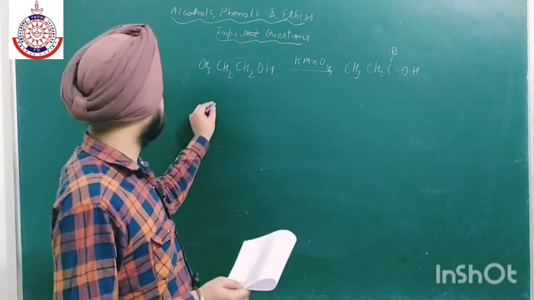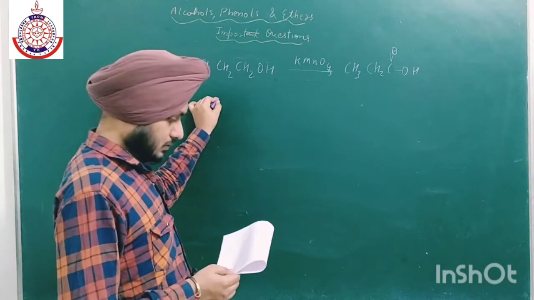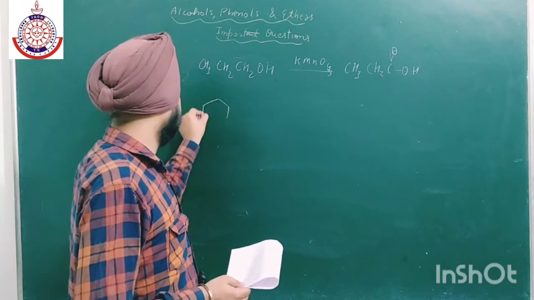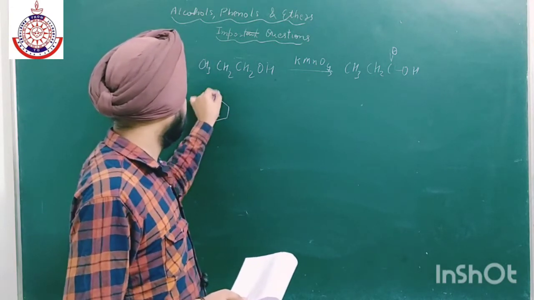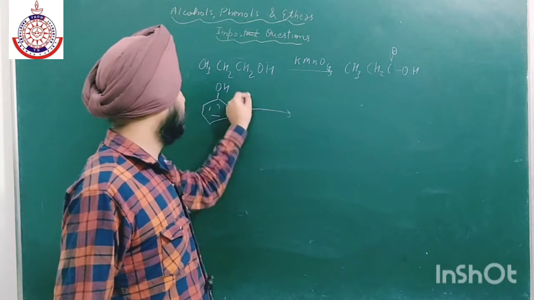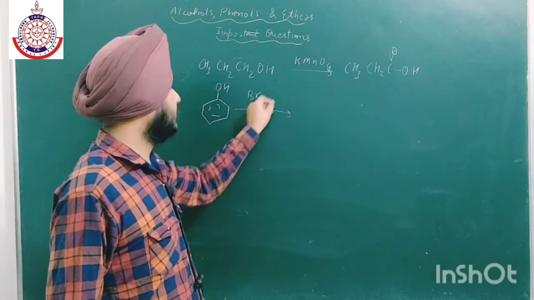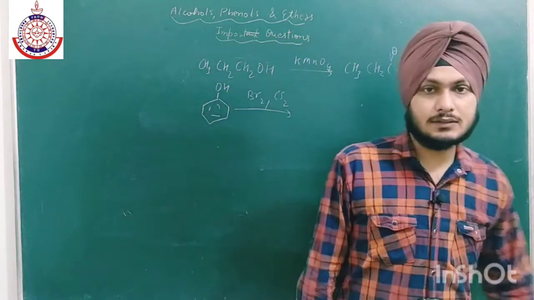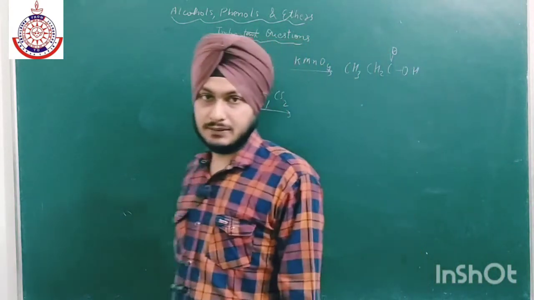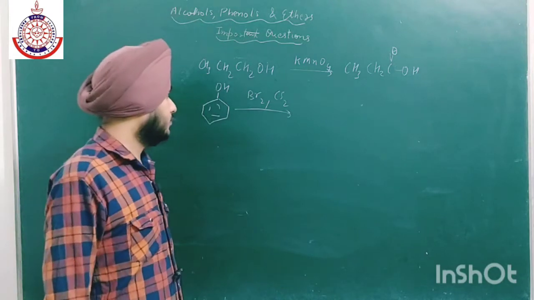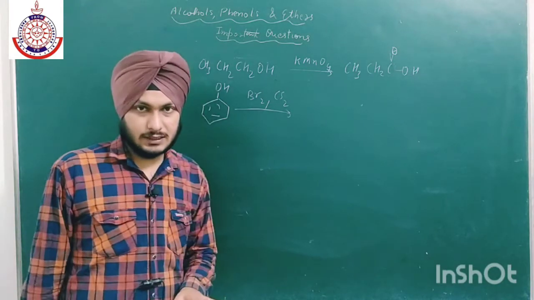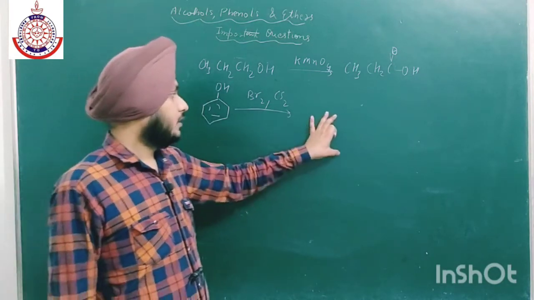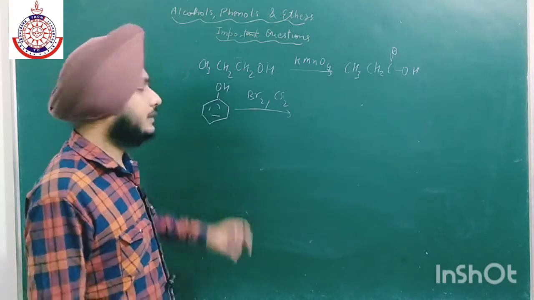Now bromine in CS2 with phenol. So we have to react bromine with phenol in the presence of CS2. Now this question is very, very important, and a lot of students make mistakes in this question, in choosing where we have to attach the bromine.